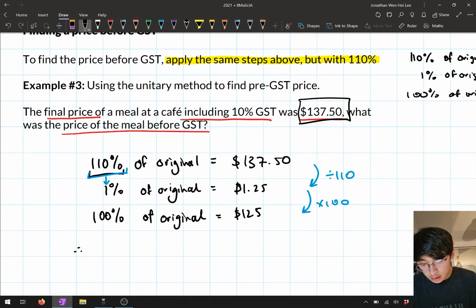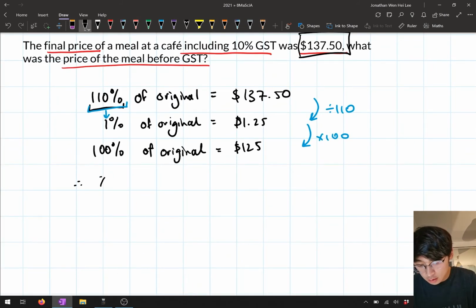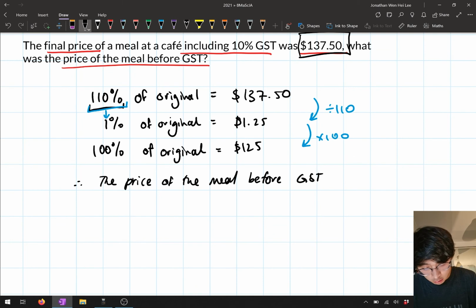So therefore the price of the meal before GST was $125. So that's how we can answer these questions here on GST.